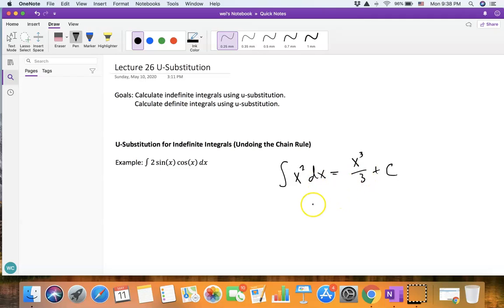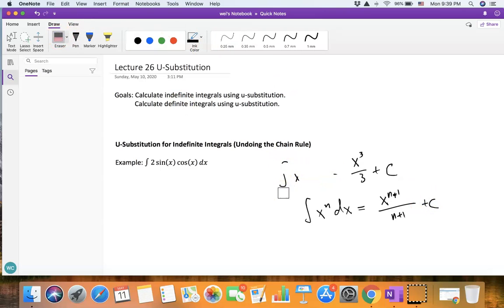Why? Because according to the power rule, if we have a function like this, then the antiderivative is given by the formula: we increase the power by 1, and we divide the whole thing by 1 plus n.